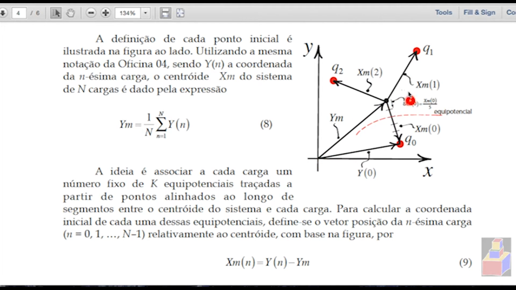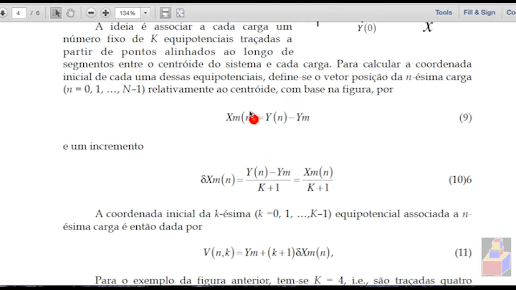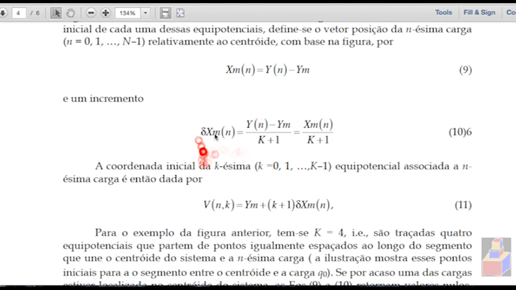So when you find the xy vector, which is the difference, the one that goes from the centroid to the charge, you divide this in equal parts. Let's say, if you want 5 parts, you make a delta xm, which is this divided by 5. Calculate xm, then calculate the increment, delta xm.